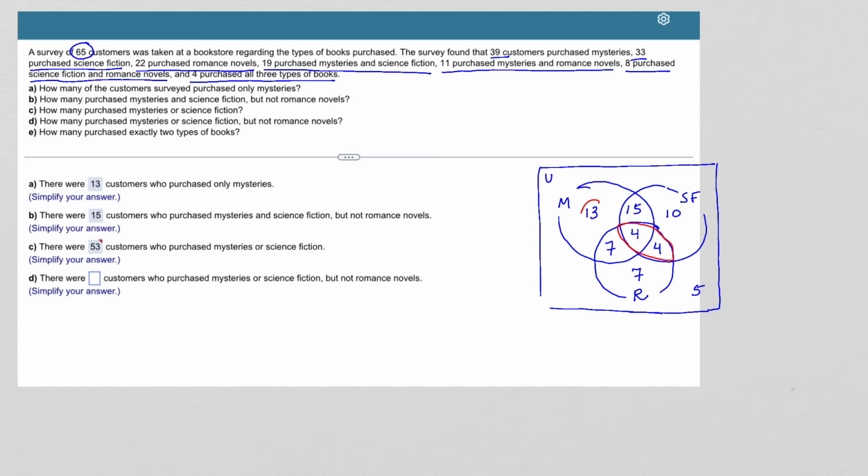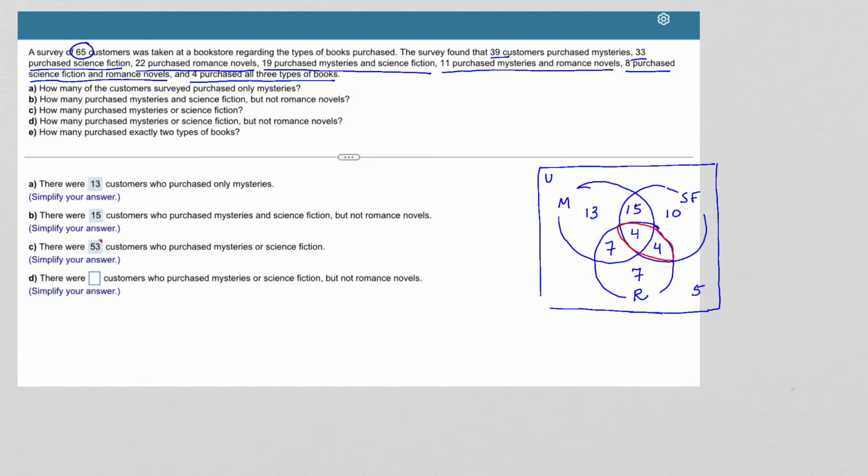That would be these 13, because that's only mysteries and no other types, no sci-fi and no romance. And then 15 who purchased mysteries and science fiction, but not romance.